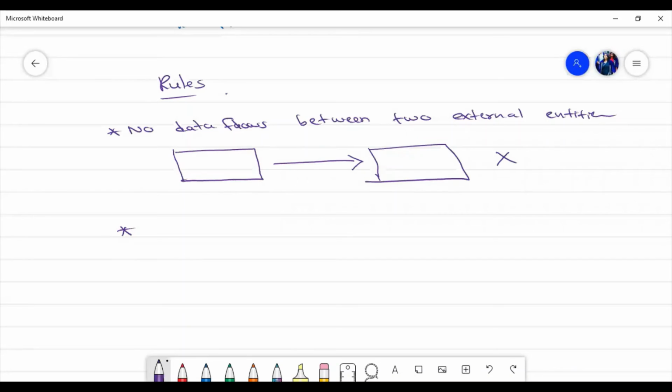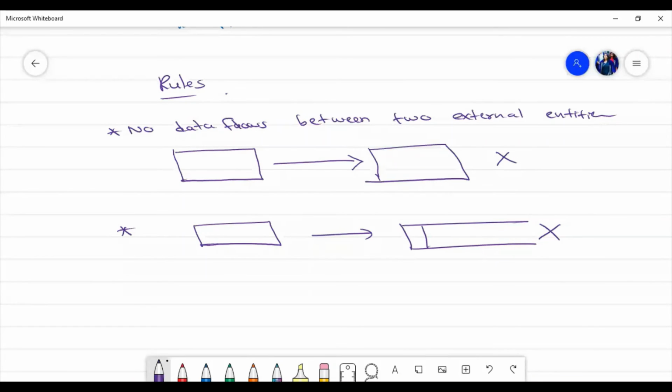Also in between an external entity and a data store, this is wrong.